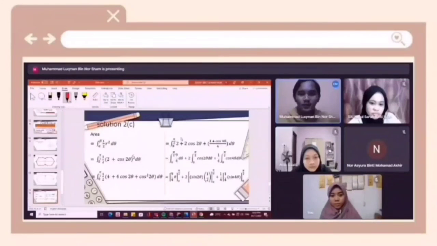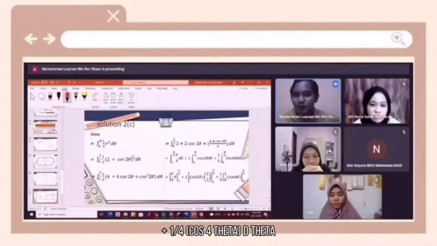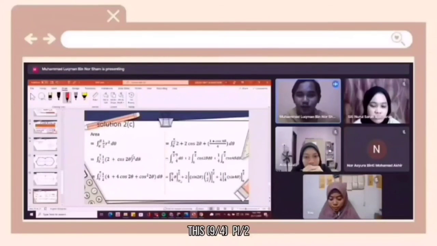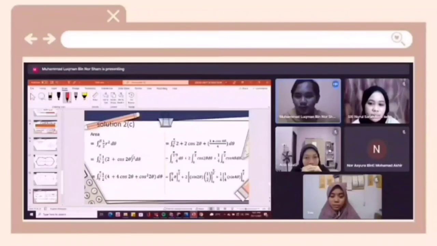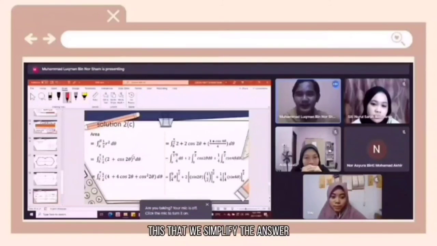For easier integration, we separate each term, so we get the integral of 9 over 4 d theta, plus 2 times the integral of cos 2 theta d theta, plus the integral of 1 over 4 cos 4 theta d theta, from 0 to pi over 2. Integrating, we get 9 over 4 theta from 0 to pi over 2, plus 2, so cos 2 theta we integrate as well, we get sin 2 theta, and 2 we call the chain rule, so we get 1 over 2, and the same for cos 4 theta d theta.